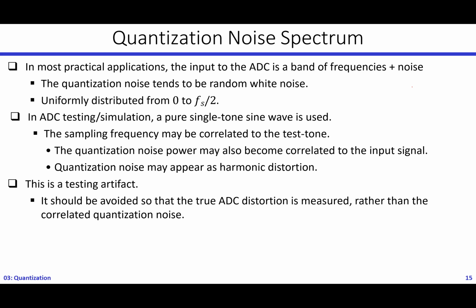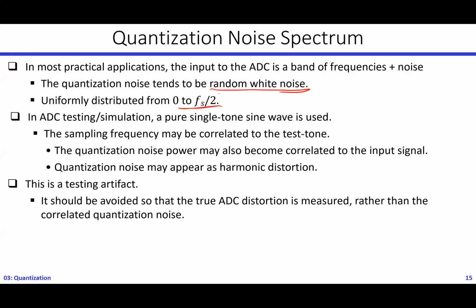So this is your whole band of interest. Besides that, you will also have other higher frequency noises. The quantization noise, therefore, is considered to be a random white noise that is uniformly distributed between 0 and half of our sampling frequency.